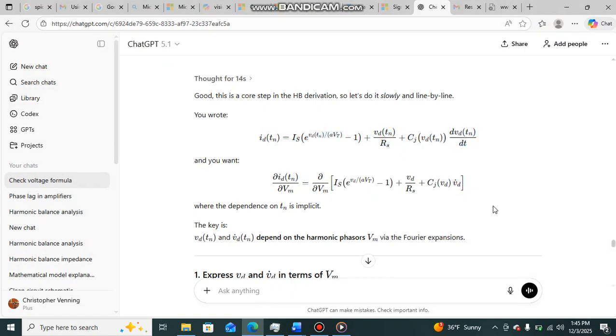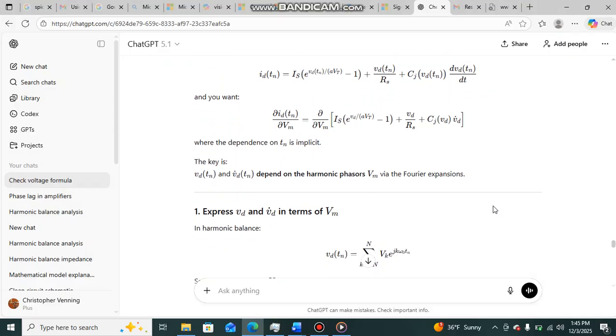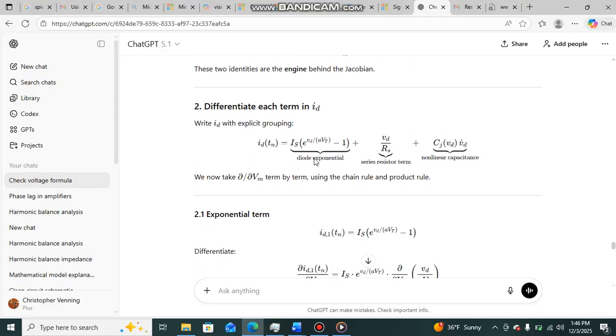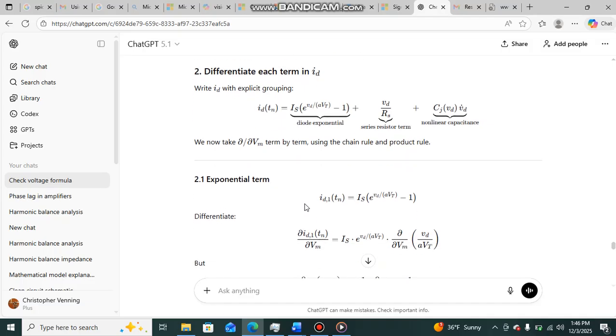It would literally just be this plus the nonlinear capacitance. Alright.